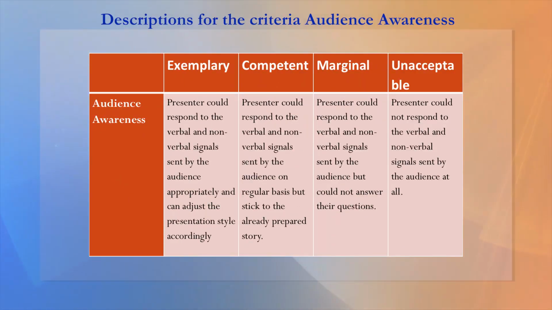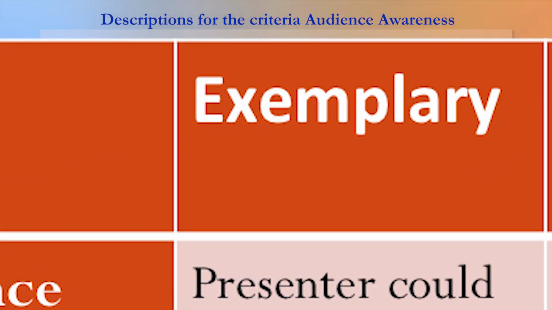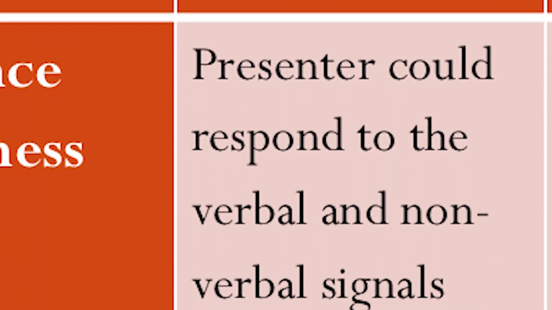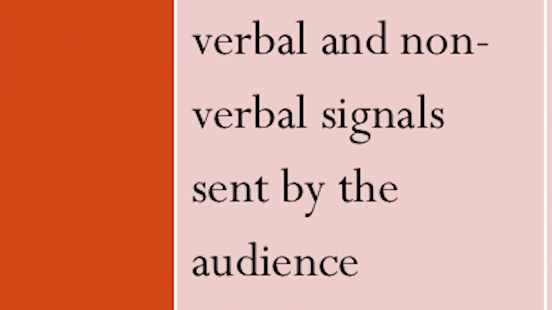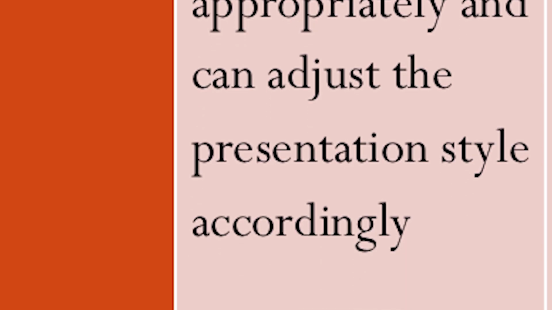So, in order to understand how the task descriptions under the various levels are in continuum, let us see the task description under the various levels for the criterion audience awareness. Here, for the criterion audience awareness for the scale level exemplary, the description is: the presenter could respond to the verbal and non-verbal signals sent by the audience appropriately and can adjust the presentation style accordingly.